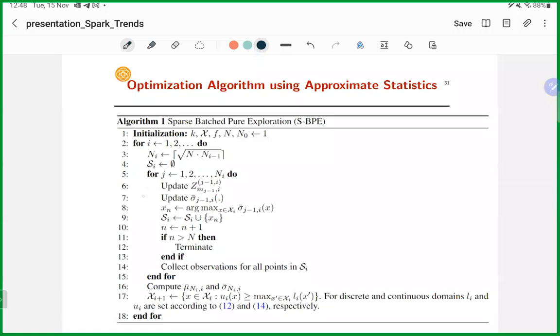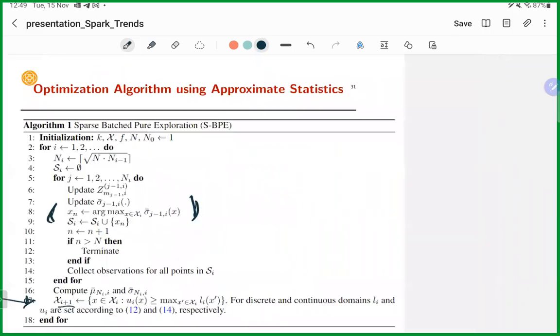During each round, the points are chosen based on maximum posterior uncertainty, approximate uncertainty. And at the end of the round, the points are pruned by removing the ones which are unlikely to be the optimal. And for this second part, we use the confidence interval.